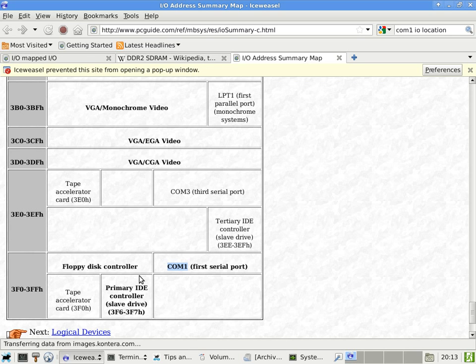Okay, so these locations are not really corresponding to memory. If you write a byte, a certain content to a location, don't expect to read back the same content, because each location here is a portal to an actual device. Okay, it changes the behavior of an I/O device when you write to it.